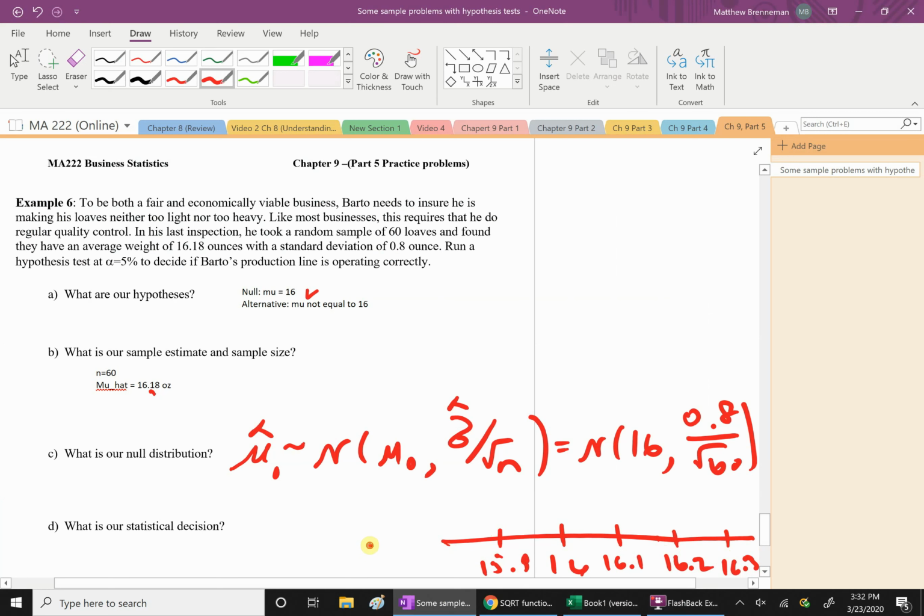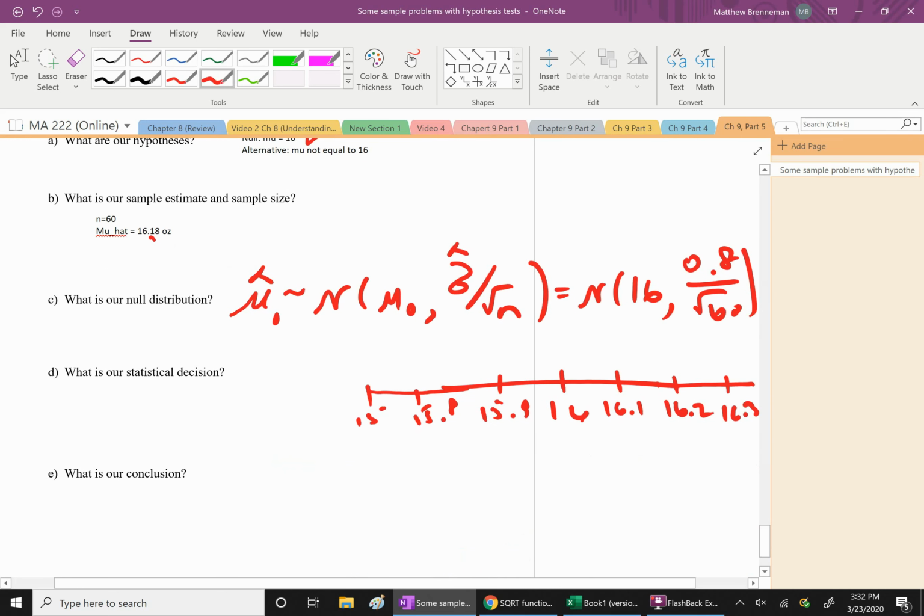And if we go 3 standard deviations below, 15.8, 15.7. So our distribution looks like this. This is what sample means look like if the null hypothesis is true. And our value here is 16.18.